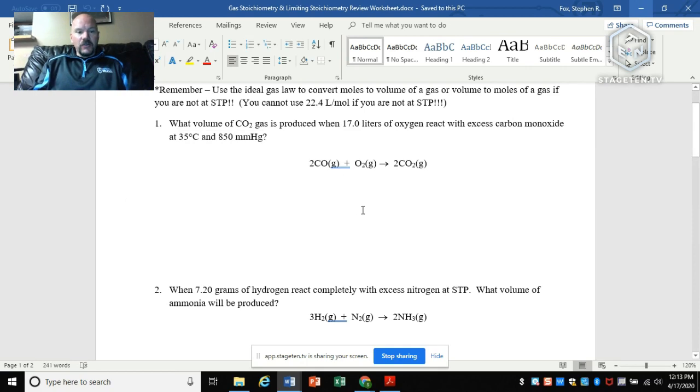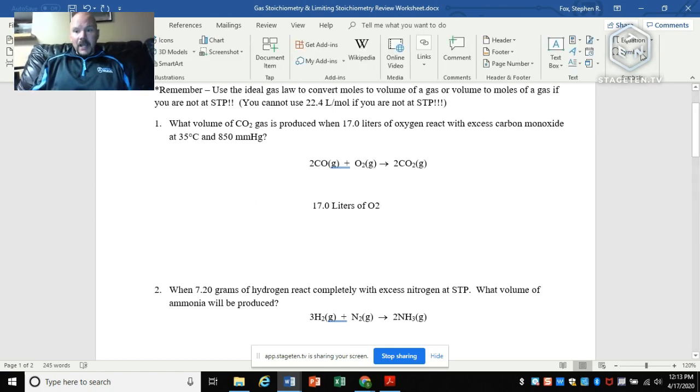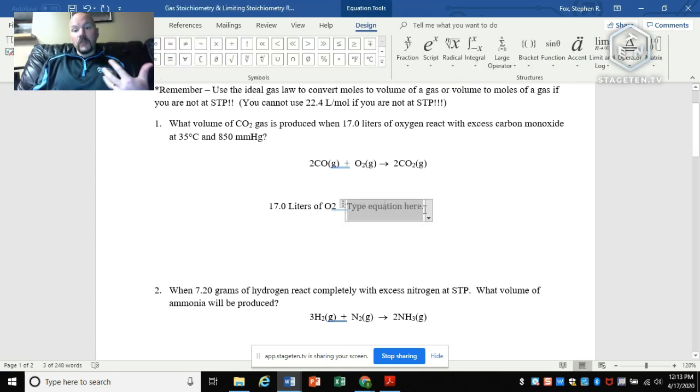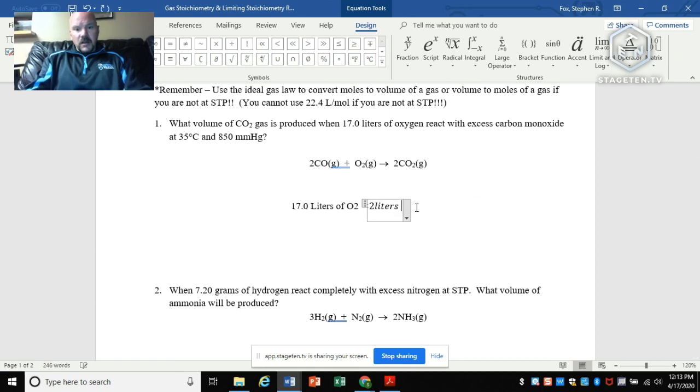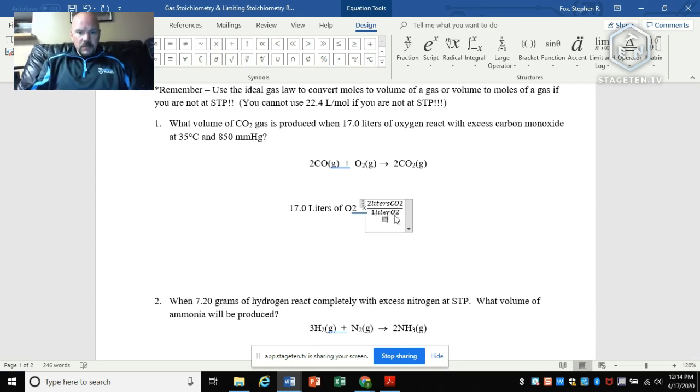So the easiest thing to do for this question would just be to take 17.0 liters of oxygen, O2, and multiply by the mole ratio, which is also the volume ratio when pressure and temperature stay the same. So it would be 2 liters of CO2 for every 1 liter of O2.